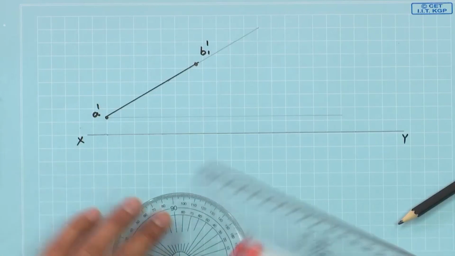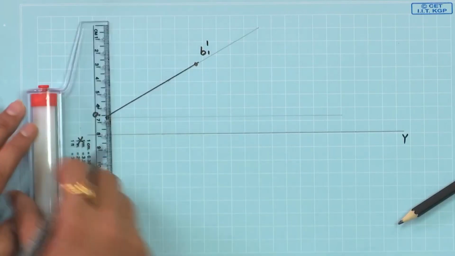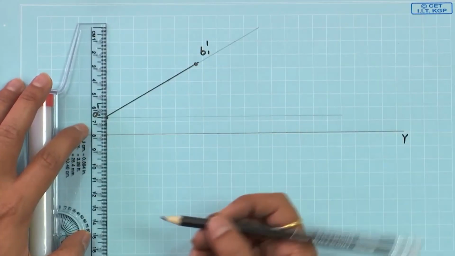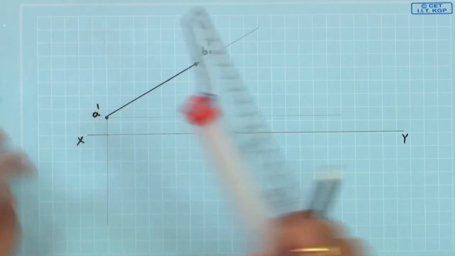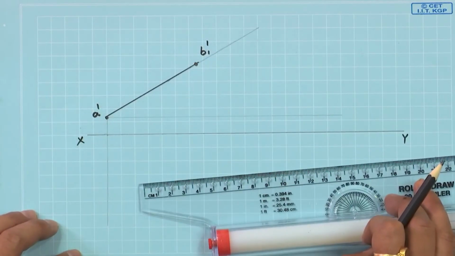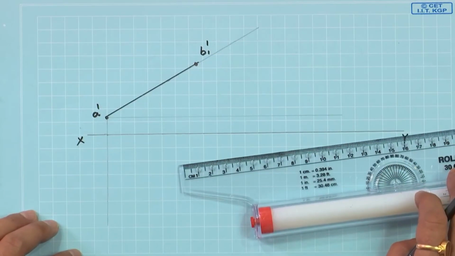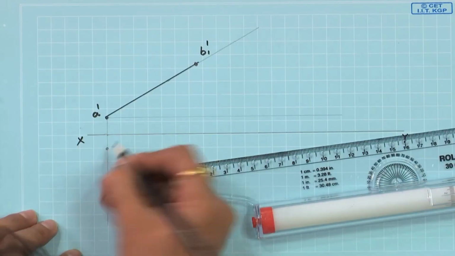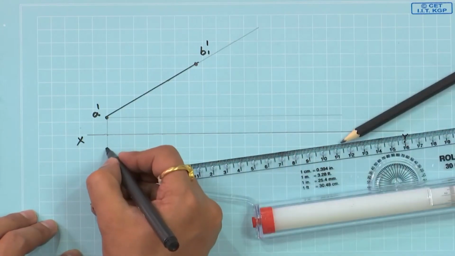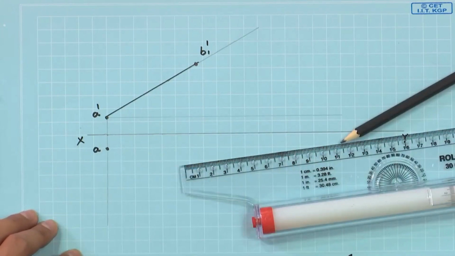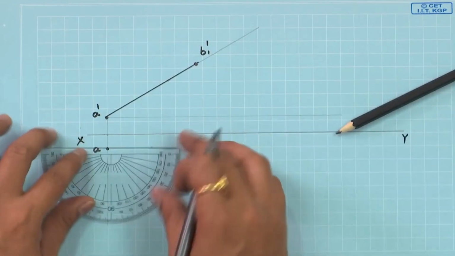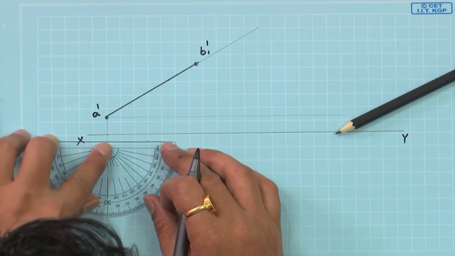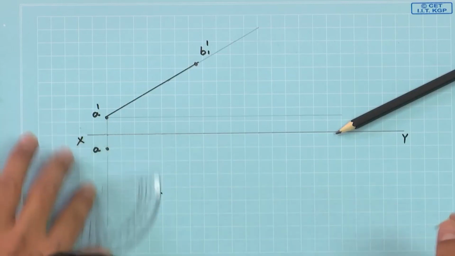Similarly, let us locate the true line in the downward direction. For that, we have to project point A, and that is supposed to be 10 mm below the xy line. So, this will be our A point, and that is supposed to make 40 degrees with the horizontal. 30, 40, somewhere there.